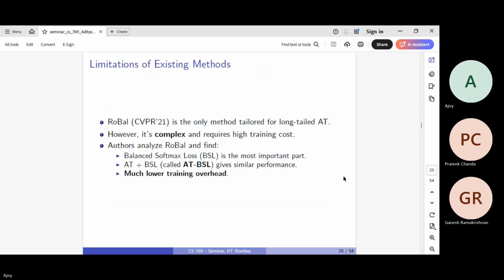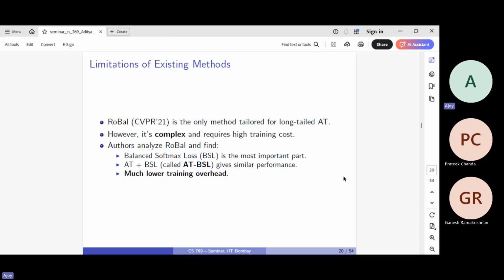Okay. So RoBal is one of the methods tailored for long-tailed adversarial training, but it is quite complex, not very efficient, and takes a lot of time. So we'll do an ablation procedure on it to identify which are the best components of it.